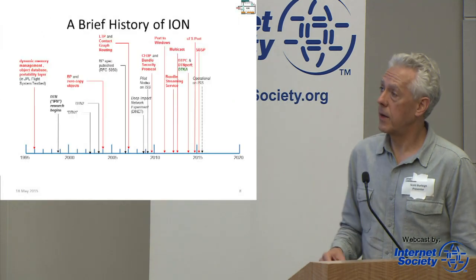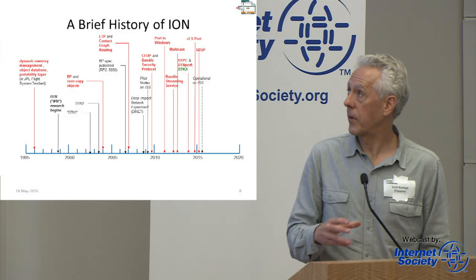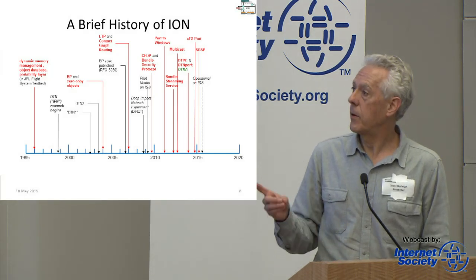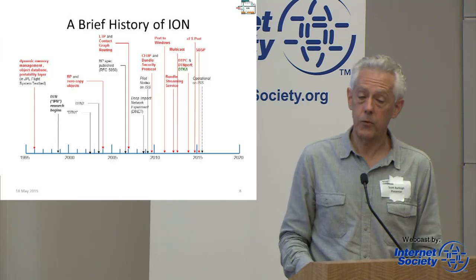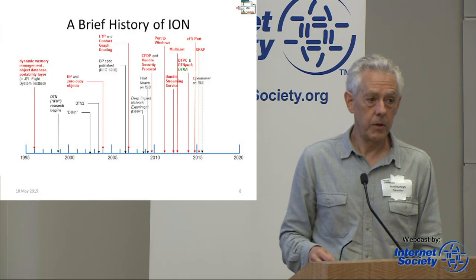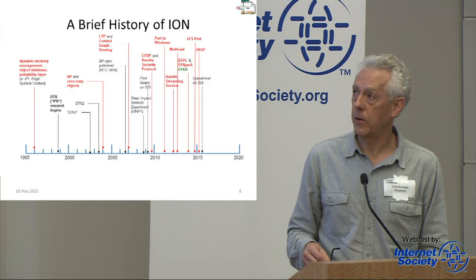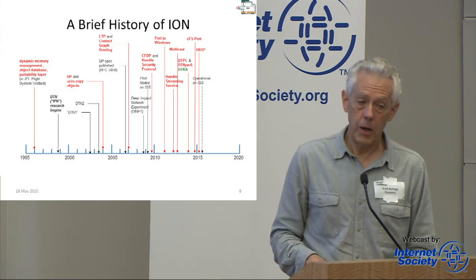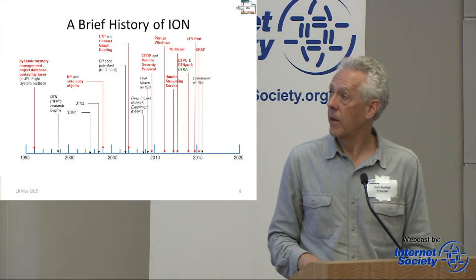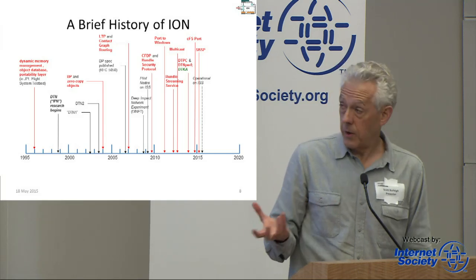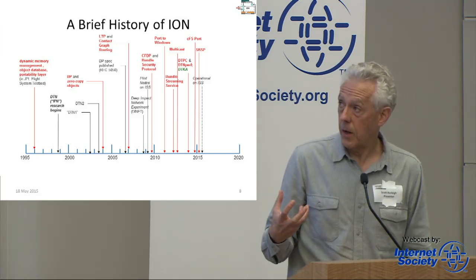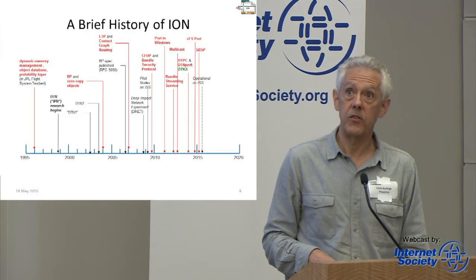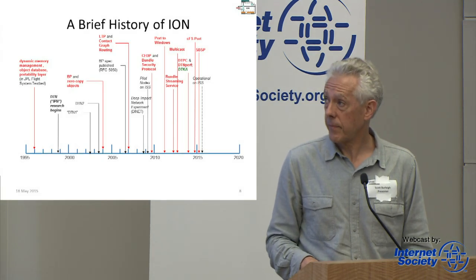So here's a brief history of the progress of the ION development so far. It really sort of goes back to about 1996, when some of the infrastructure that ION is based on was developed in the flight system testbed at JPL: the dynamic memory management, the object database, and the portability layer. We began doing IPN and ultimately DTN research in late 1997, early 1998.